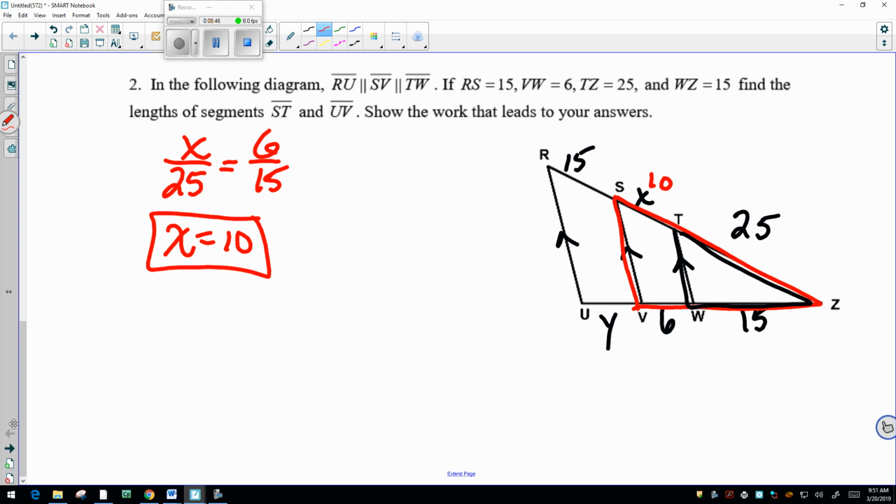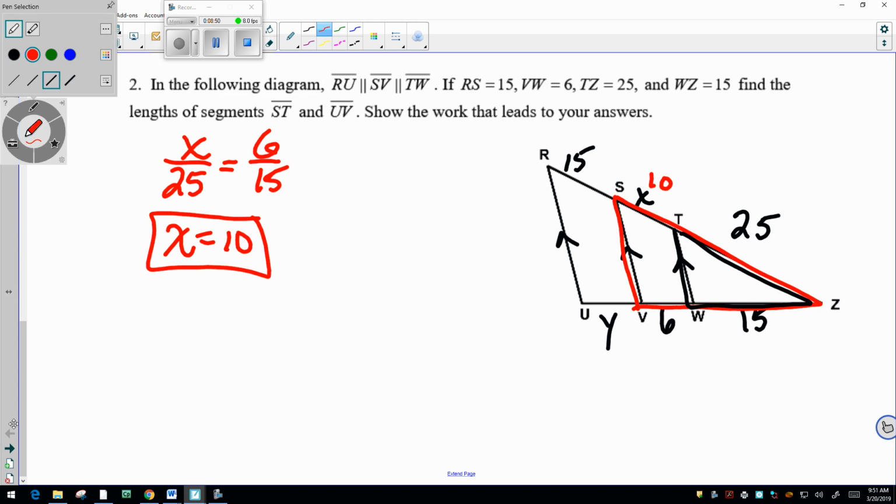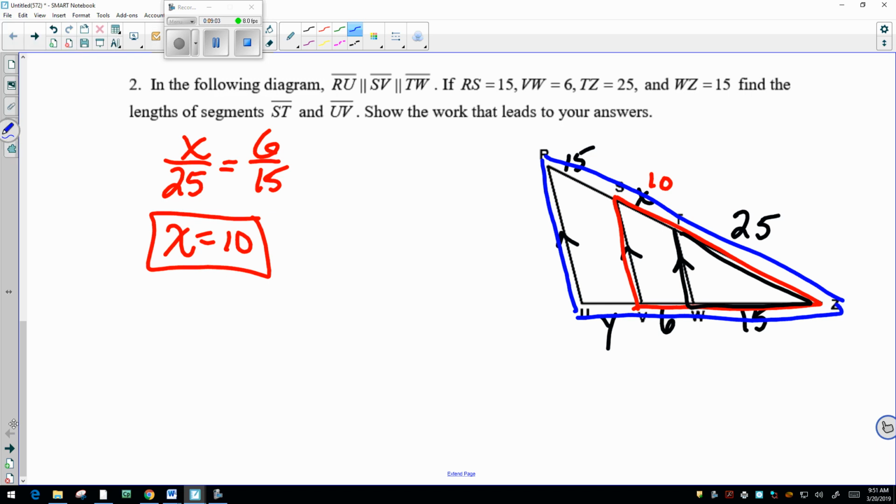We can do the same thing, but let's take a different triangle now. So we have a bigger triangle. And if I took the bigger triangle, I could still do parts with parts. It's just the parts are going to be different. So only looking in the blue triangle, okay, keep in mind what are the parts that I have. I have a part of 15. Its corresponding part's Y. So then the other part I would need would maybe be this whole length.